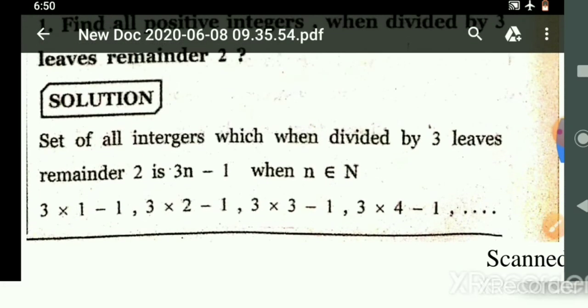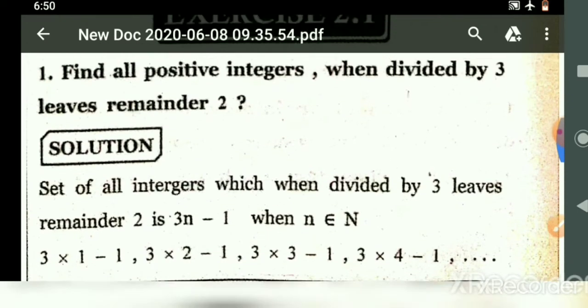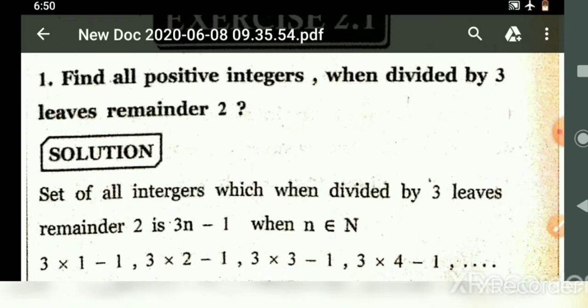For this question, the solution: the set of all integers which, when divided by 3, leave the remainder 2. The general form is 3n minus 1, where n belongs to the natural numbers. Why does n belong to the natural numbers? Because we want positive integers only.